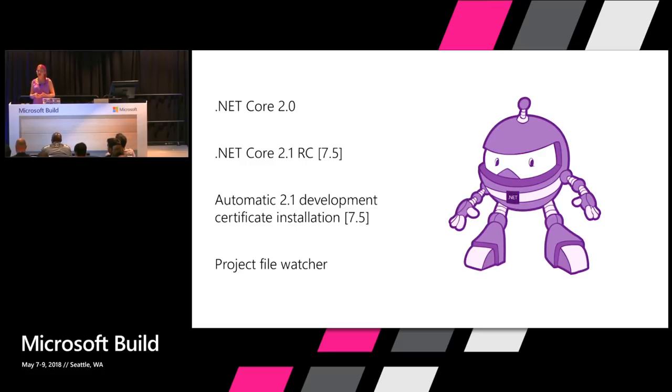So if you install that, you'll get that as an option in your file new project templates. We have support for various features of that. So when you first create and run a project, we'll install the HTTPS certificate so you can do secure local development and make sure that your site works with HTTPS before you push it.